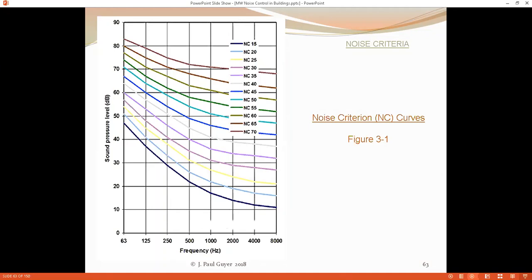So these curves have been defined over the decades, and obviously they are an approximation, but they work pretty well. And so as far as the receiving room is concerned, what you do is you select the NC curve that is consistent with the human activity going on in that receiving room. So what curve do you select?